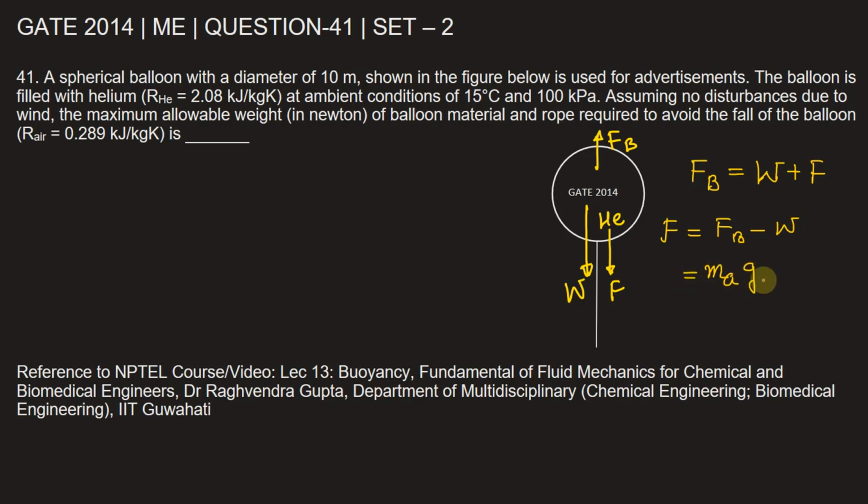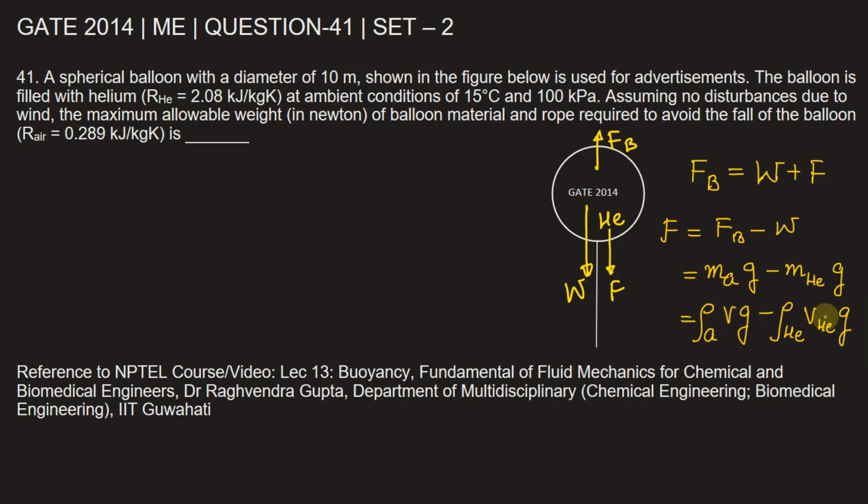Now FB is equal to mass of air into the acceleration due to gravity, minus W, the weight of helium, which is mass of helium into acceleration due to gravity. So this is also equal to density of air into volume of air multiplied by acceleration due to gravity minus density of helium into volume of helium into acceleration due to gravity.